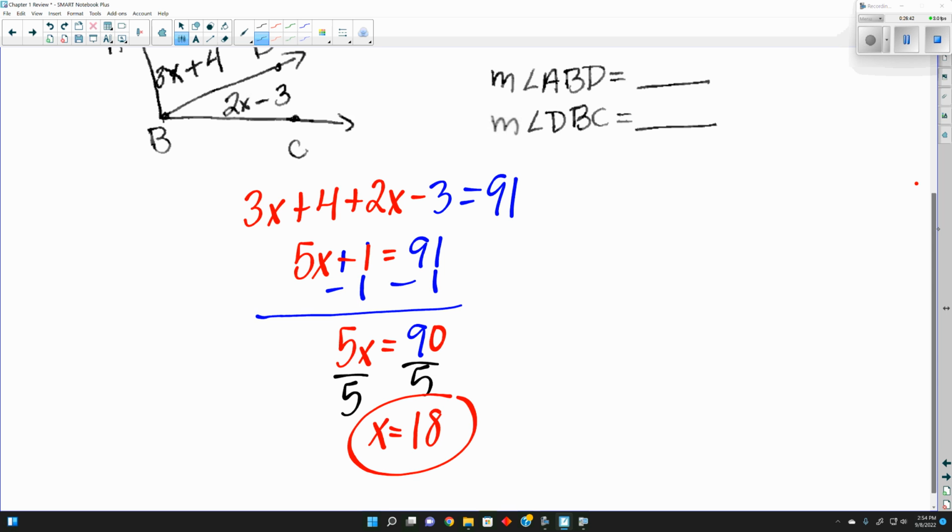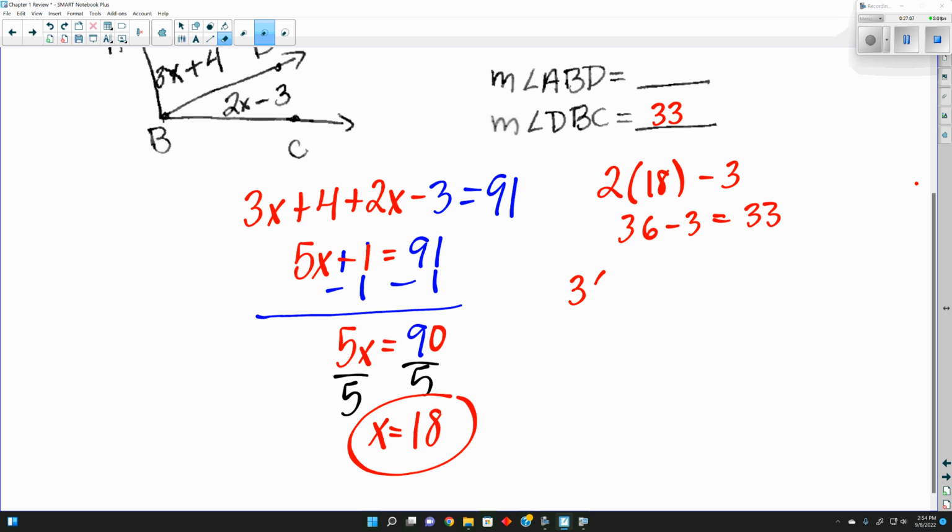Good. If you need an extra one, I got one. We can do 2 times 18 minus 3. Well, 2 times 18 is 36. 36 minus 3 is 33. And we plug that in for our 2. So DBC is 33.